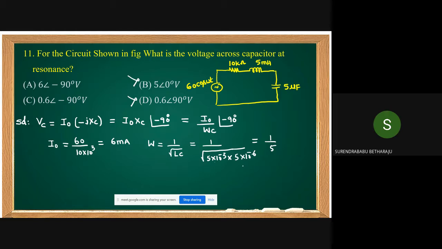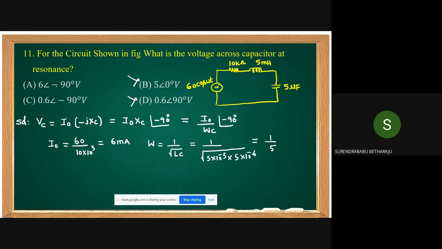Yes, it's 5 millihenry, 5 microfarad. How much do you get, friends? You do this calculation, approximately how much are you getting?